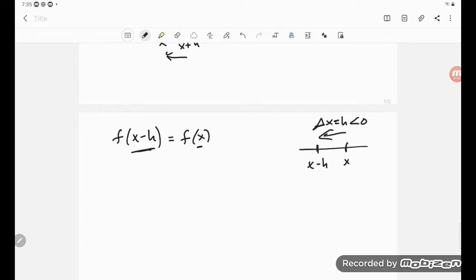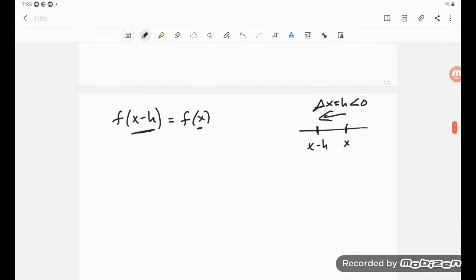Okay, so that'll be x minus h minus x, that's a negative h. Okay, or in other words, we're less than 0 if we look at it that way.